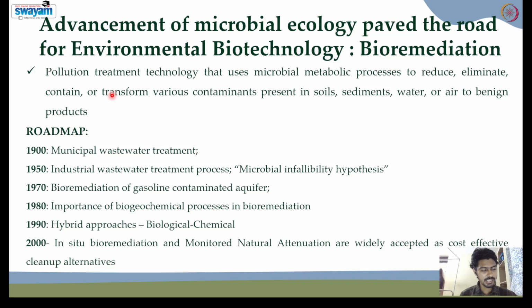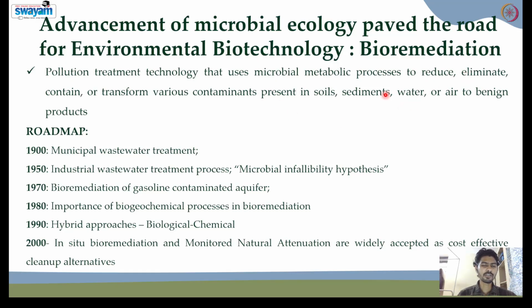And as we have discussed earlier, bioremediation is nothing but a pollution treatment technology which uses microbial sources or their products. The products, in essence, can be some organic acids which help to speed up the process of bioremediation, or enzymes. The microorganisms that produce enzymes can help in treating this pollutant, which helps us to reduce, eliminate, or contain the contaminants that are present in the soil or sediments or water or air.